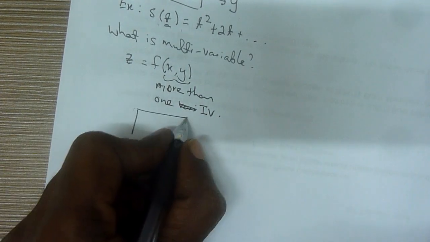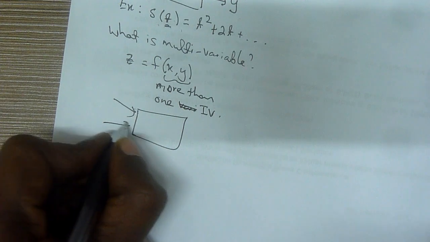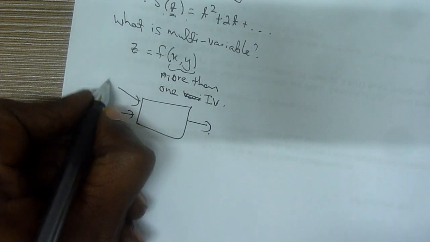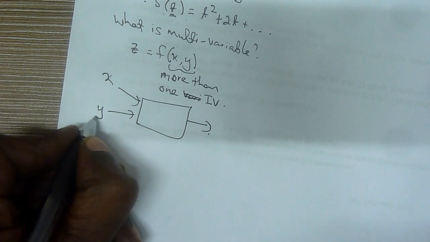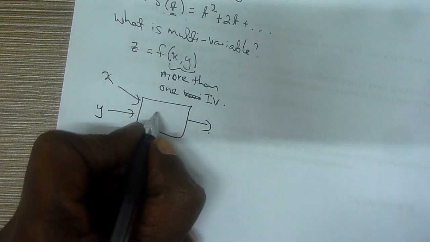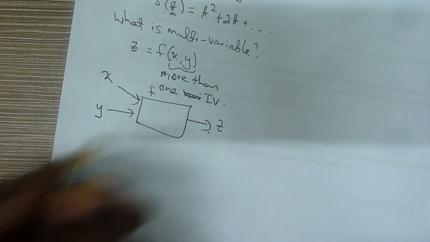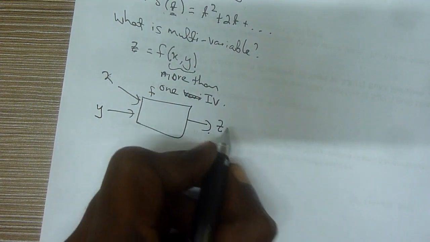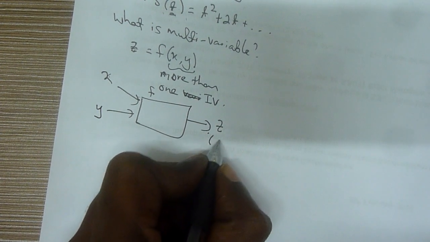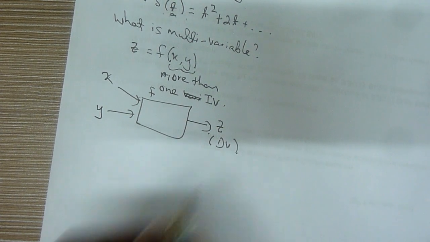Therefore, in this case again, we are giving two feeders to the transformation function to produce one result. We call it an outcome, and this is a dependent variable.